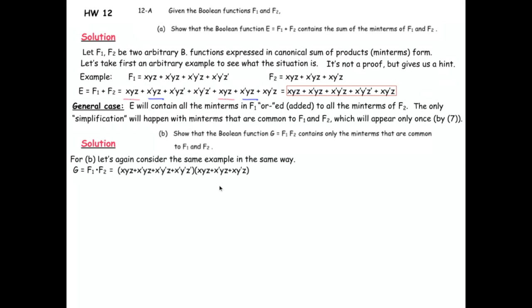Because x times x complement is 0, and 0 times anything is 0. So what will happen is that any of the minterms that are not in both will encounter, in the multiplication, a minterm from the other one that has at least one complement term.